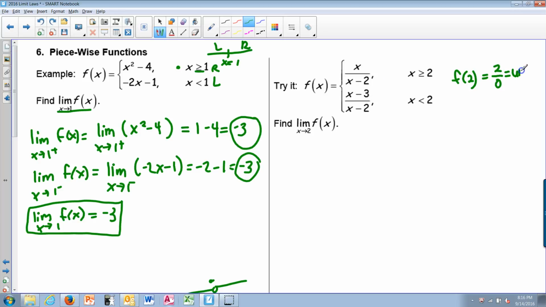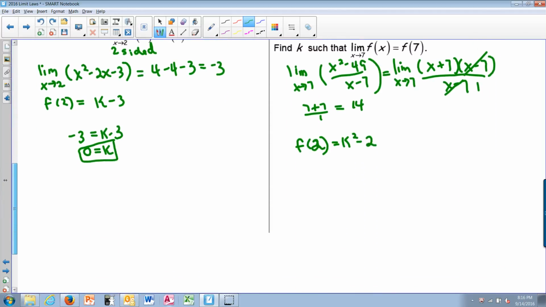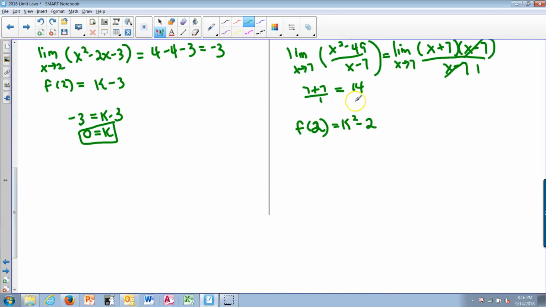That function is undefined at x equals 2. Notice that there's never an x value in this part. When we have limits, limits are limits of functions, so we don't do limits of constants the same way unless the function itself was always a constant. So f of 2 equals k squared minus 2.